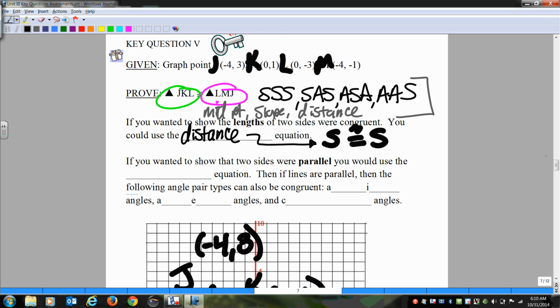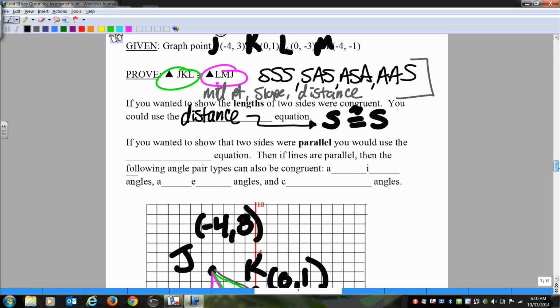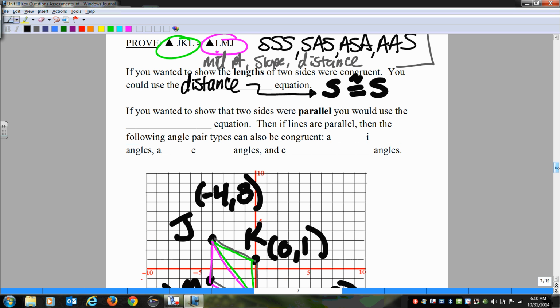Now, angles are a bit trickier. We cannot directly show angles are congruent using midpoint, slope, or distance, but we can show that 2 sides are parallel. So I'm going to do a little demo here.